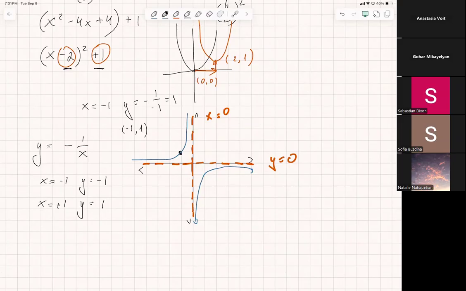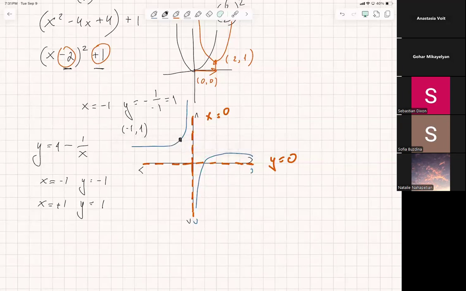Now, if I want to apply another transformation, let's say 1 minus 1 over x, this is the same thing as saying -1 over x plus 1, right? So this will just give you a shift up. You will just grab your function and move it one unit up.